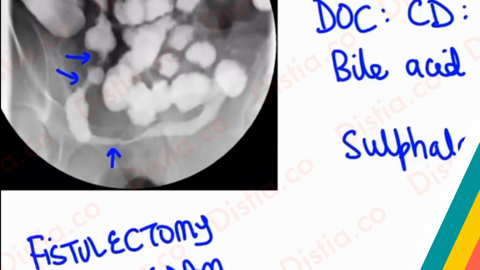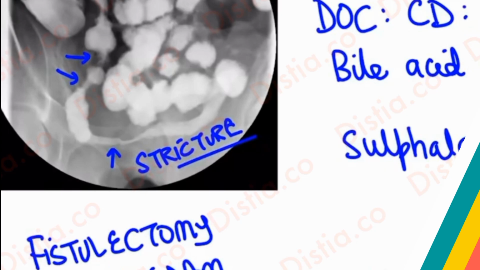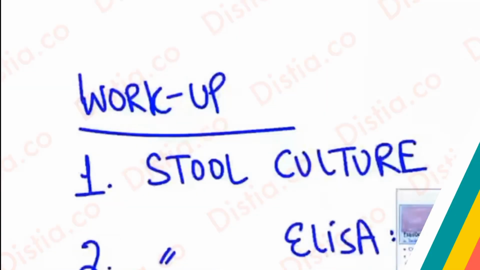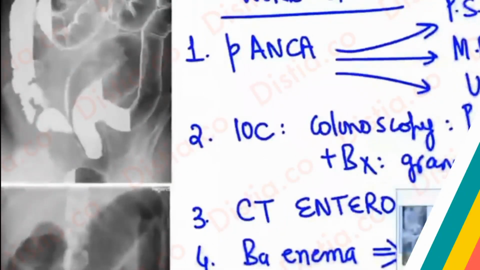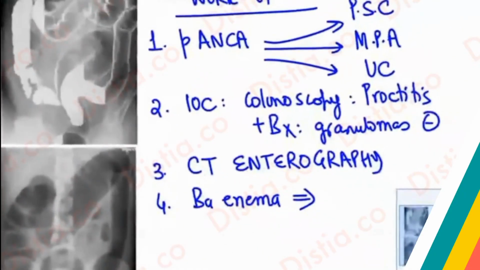So that is a very classical feature that you see with Crohn's disease. This image is demonstrating the presence of multiple strictures on subsequent contrast-based studies in this person, where oral contrast has been given. But if you scan the current image on the monitor at the moment, you will notice that there is loss of haustrations.